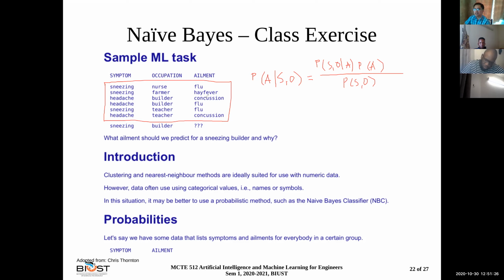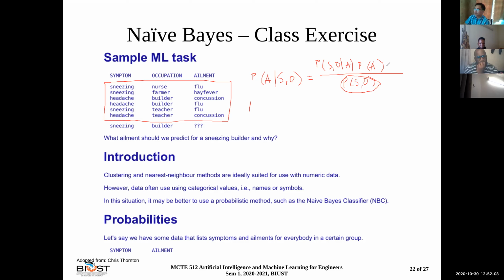So we need to know the probability of each of those ailments. Because the denominator is the same for all, we don't need to compute it. There are three possibilities: the sneezing builder has a flu, or a hay fever, or a concussion. So we don't need to compute this.